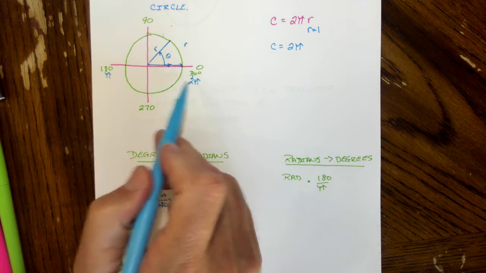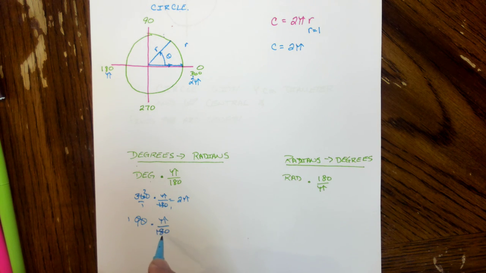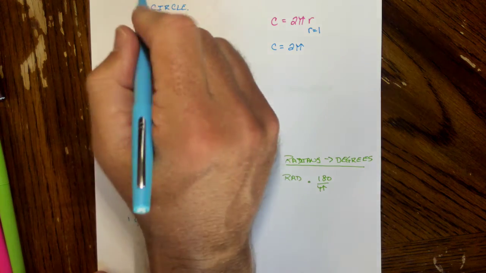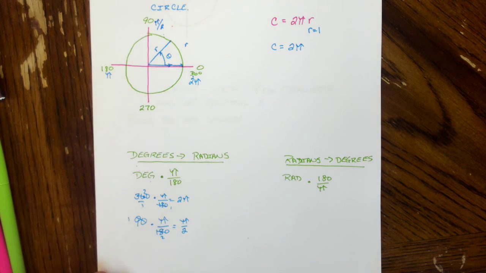Now you can look at it here and do this. I'm going to set my formula up and do 90 over 180, knowing that'll cancel. So pi over 2 is typically how you see it. Some people will say 1/2 pi. So this will be pi over 2.